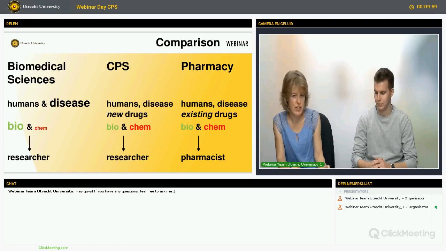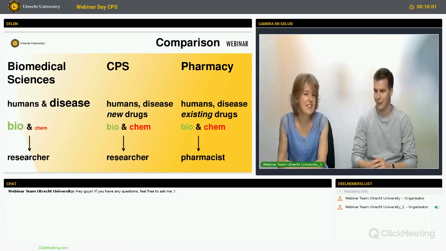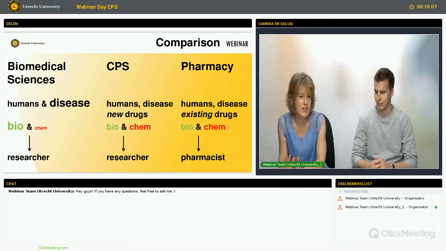Now we are talking about drugs a lot, and also the biomedical sciences passed already. What is the difference between those studies, between biomedical science on the left hand, CPS in the middle, and pharmacy on the right? Well, all studies teach a lot about human physiology and disease, but CPS and pharmacy also teach about drugs. CPS teaches a lot about developing new drugs, whereas pharmacy has a focus on drugs that already exist.